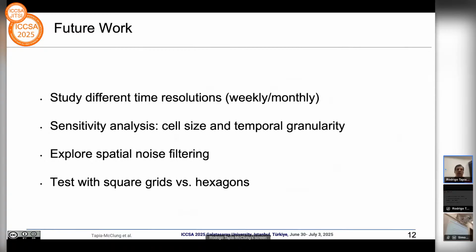So we're trying to see if it's possible to determine a specific or an optimal scale of the analysis, or if we can filter all that spatial noise that we see in our results. And this ties in with this last bullet here, that we're working with test square grids as opposed to hexagons.